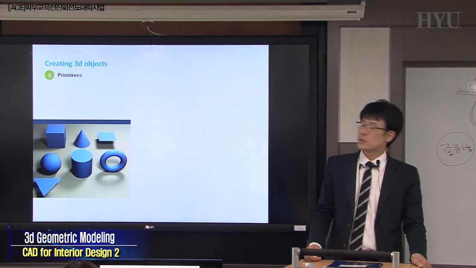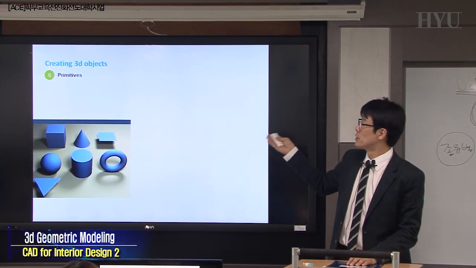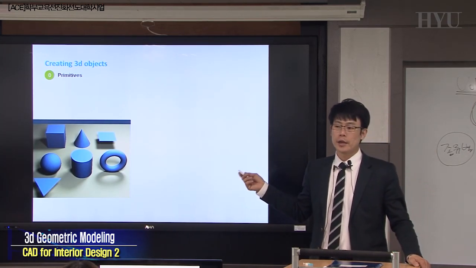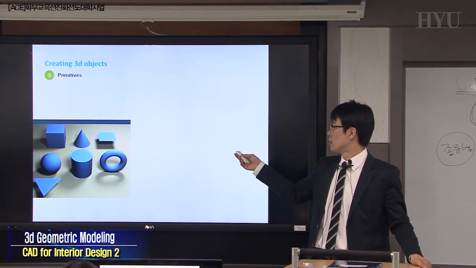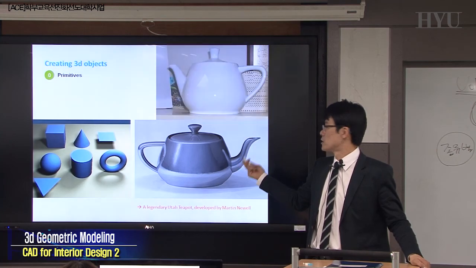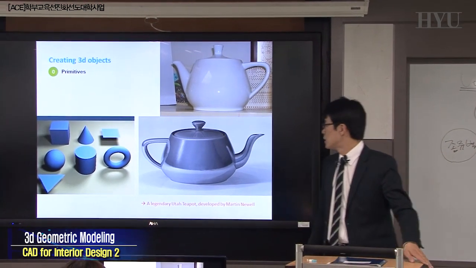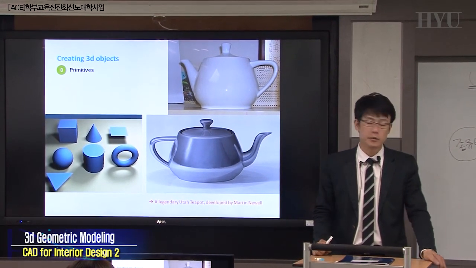So the first way, actually not first, a fundamental way of creating 3D objects is simply to take advantage of predefined primitives in 3D Max or some similar 3D software. Even the teapot, the legendary Utah teapot, is one type of primitive in 3D Max.